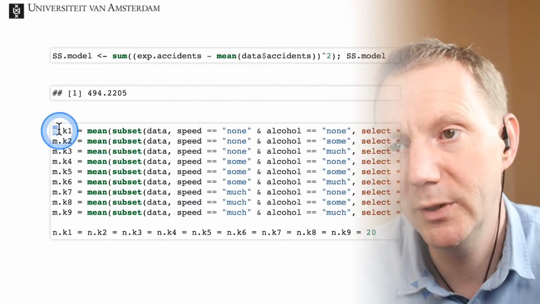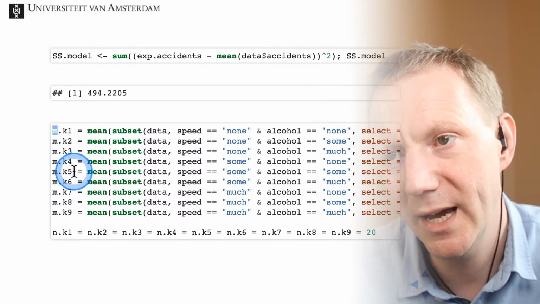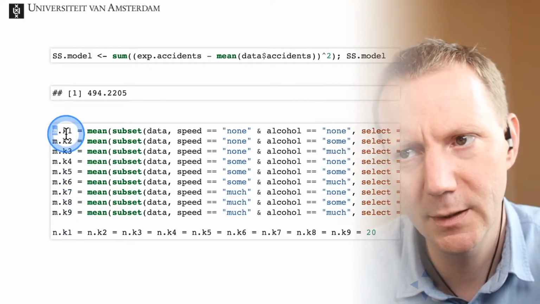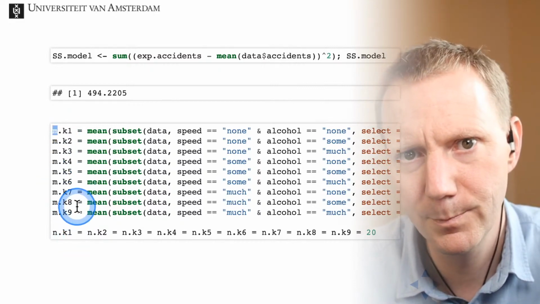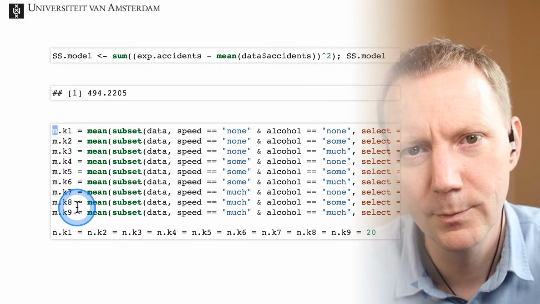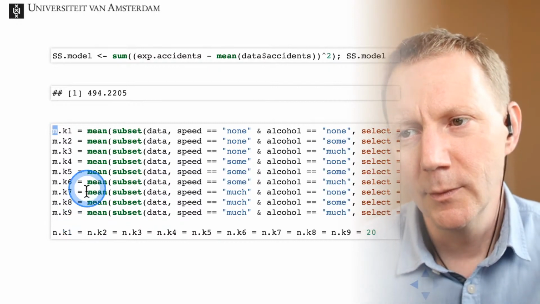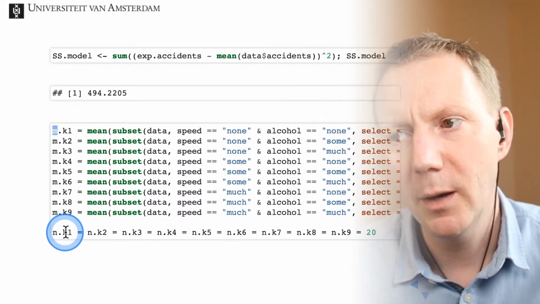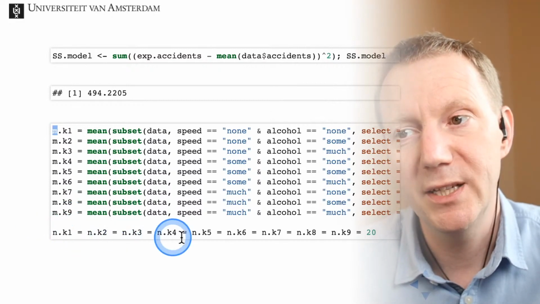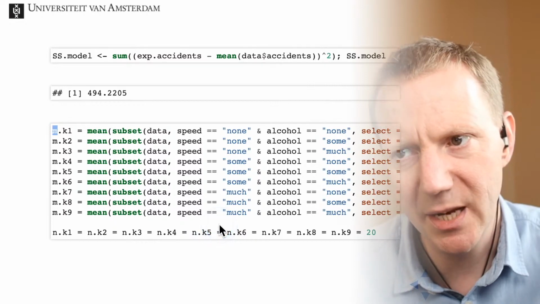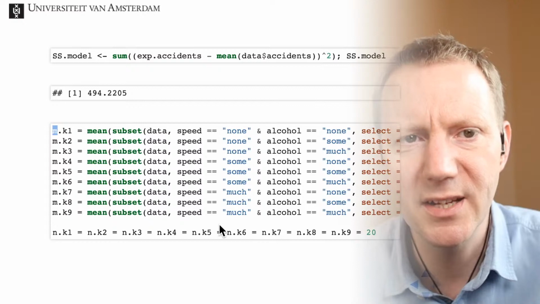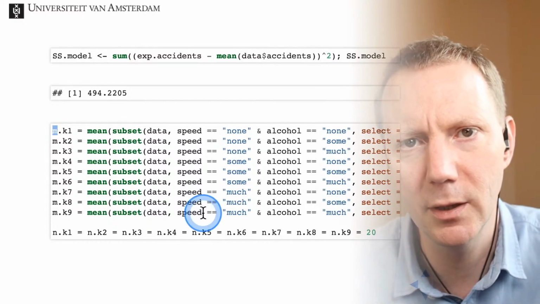We have 9 groups, so we do that for all 9 groups, and then we have all the averages for these people. Does that make sense? Yes. Very good. We also need the number of people within each category, and in this case it's the same, but it could differ per category. You don't have to have equal groups.